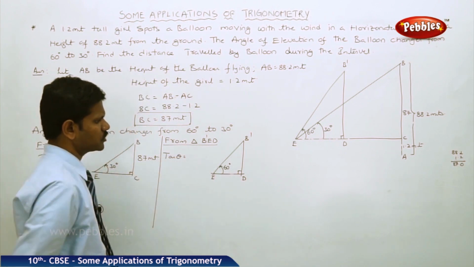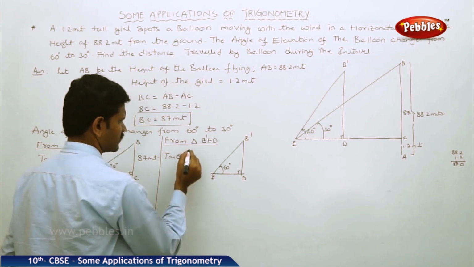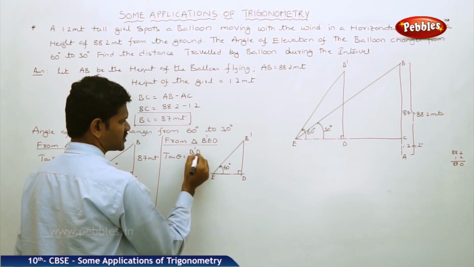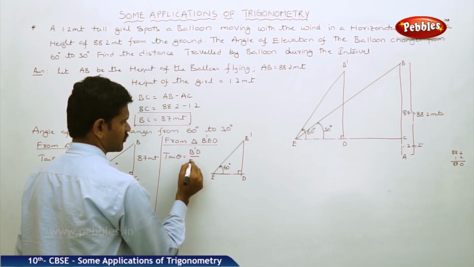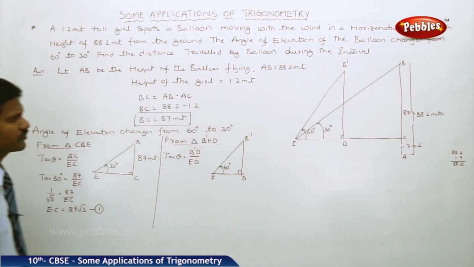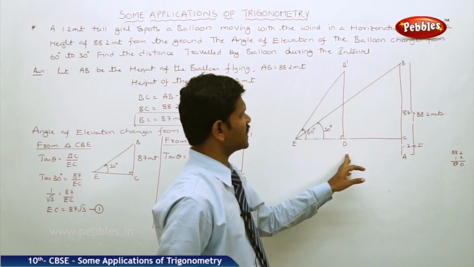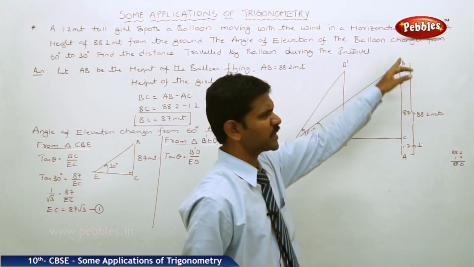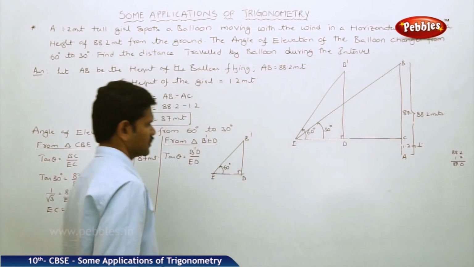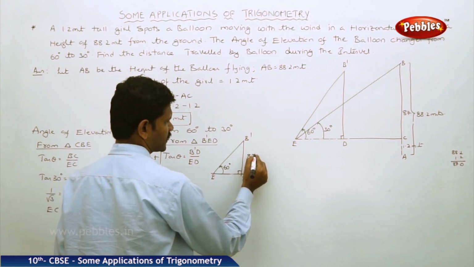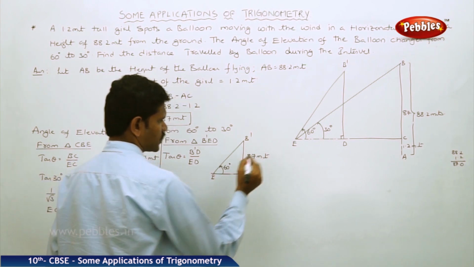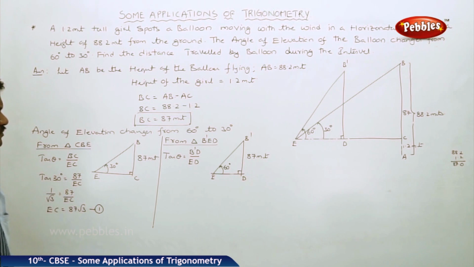Tan theta is equal to opposite side B dash D by ED. Now since B dash D and CB are parallel to each other, the height of this one is also 87 meters.